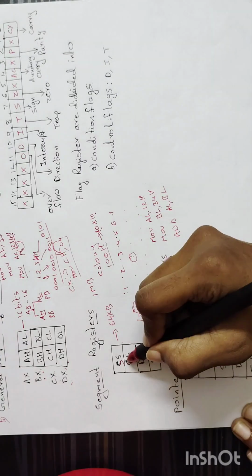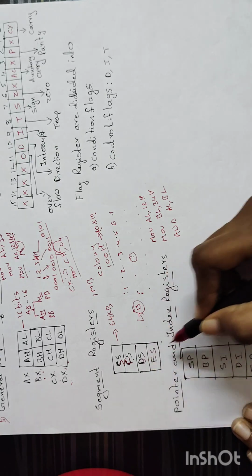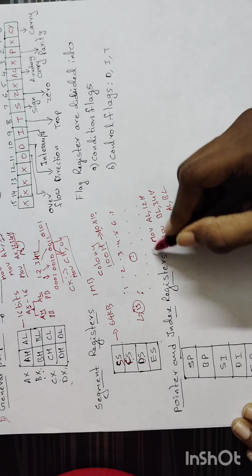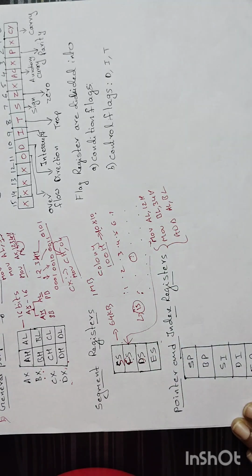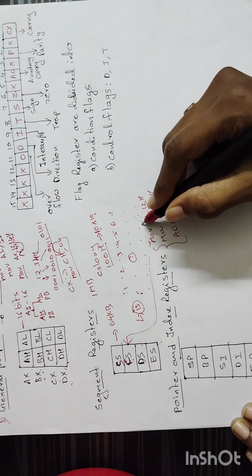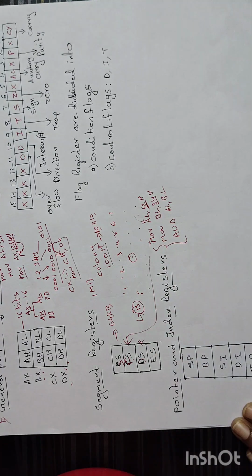Each instruction is code, that means the program, which is always stored in the code segment. The data which is stored in registers is the data, which is stored in the data segment. That means we have to identify the data and the code easily. So that is the use of segment registers.